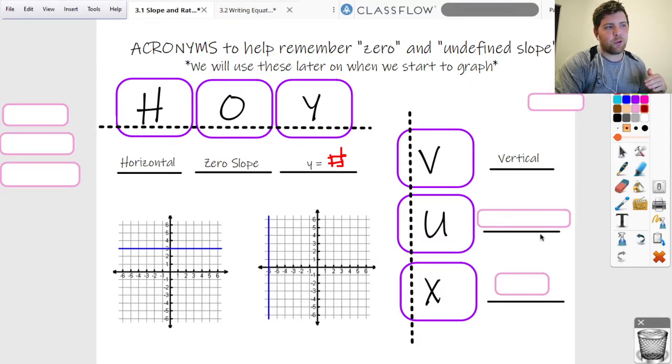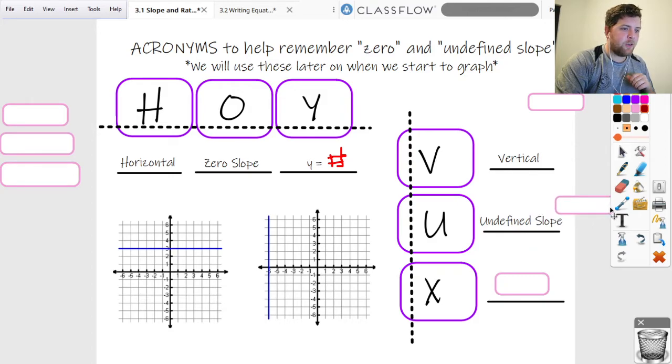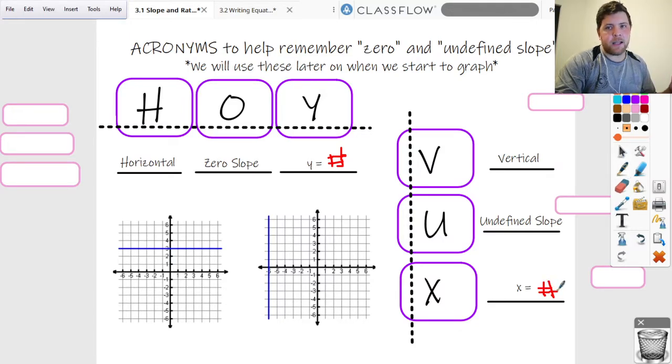When you have a vertical line, the slope is going to be undefined. And it's always going to be x equals a number. It won't have a y in the equation at all. So for example, here on these examples, it's a horizontal line.